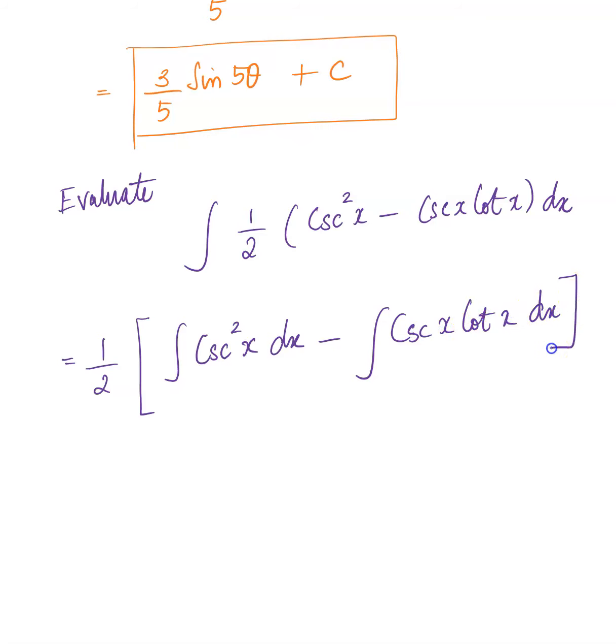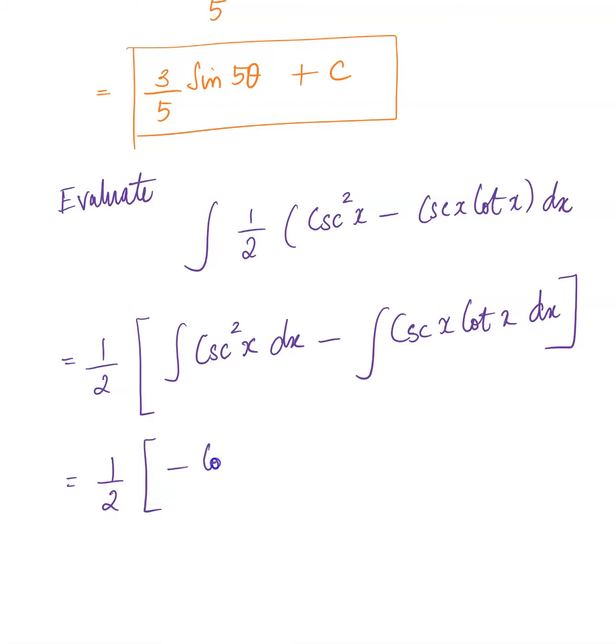Looks like I'm having a hard time writing the cosecant. Now the formula itself has cosecant squared, to help you find the antiderivative for cosecant squared x. So you don't try to undo the square or anything. Just apply the formula that we know.